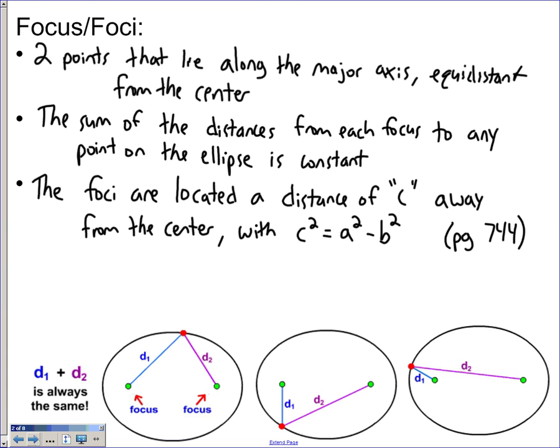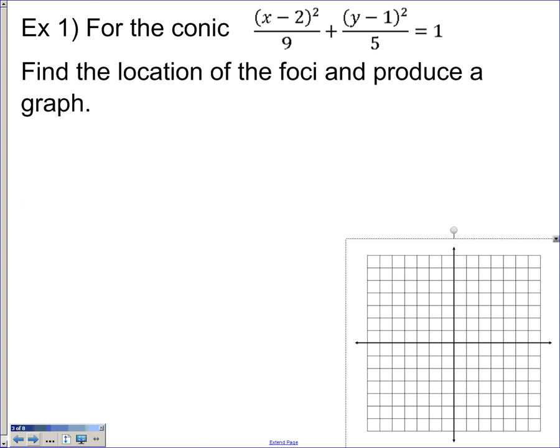So our first example asks us for the given conic to find the location of the foci and produce a graph. So I'm going to start by identifying what I know. Well, I know that the center is 2, 1 based on my h and k values. I also know that my a value is equal to 3 and my b value is equal to the square root of 5.